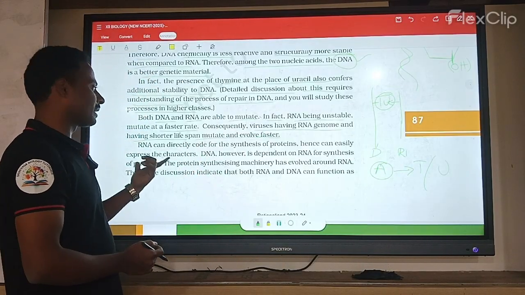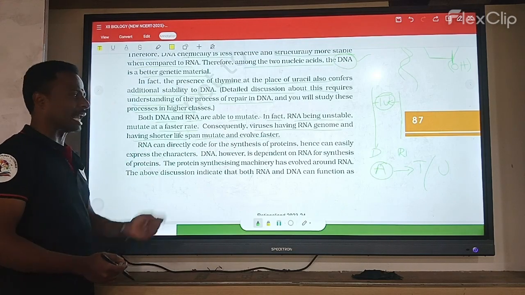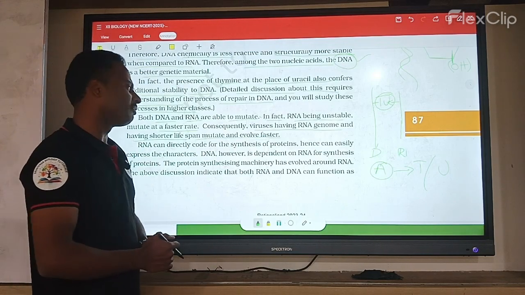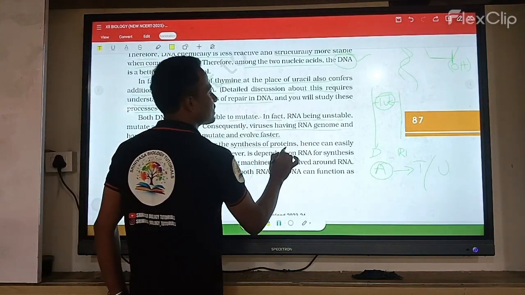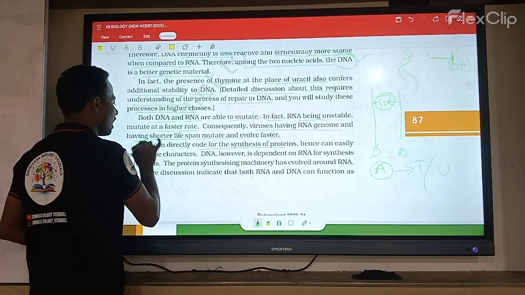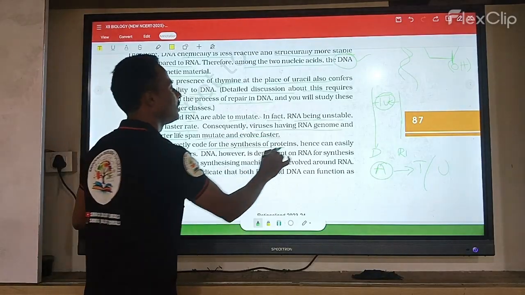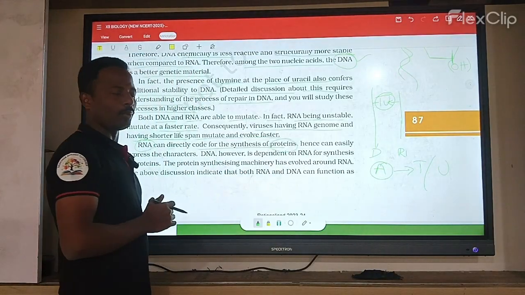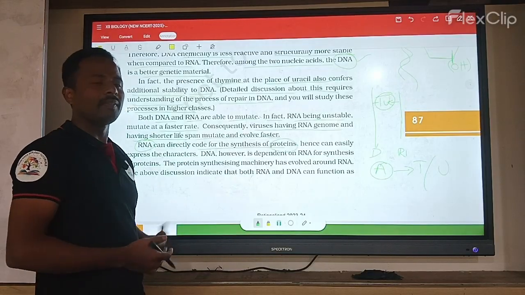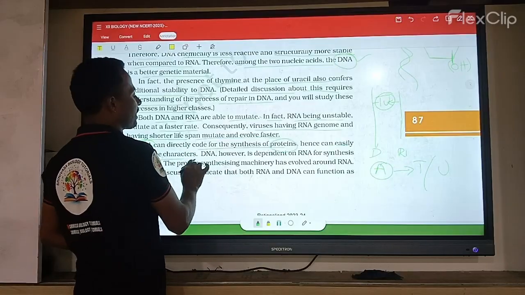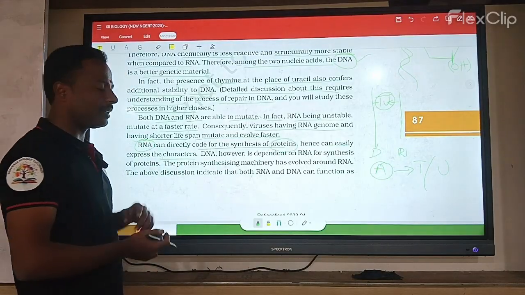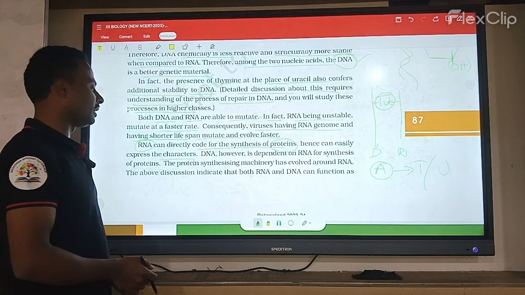For that purpose, they have a very short lifespan and mutate very fast. Next, RNA can directly code for the synthesis of proteins. Mostly RNA is for the synthesis of what? Proteins. It's very important. So they mutate easily, and they can easily express the characters. When the protein is present, what happens? They can express the characters very easily.